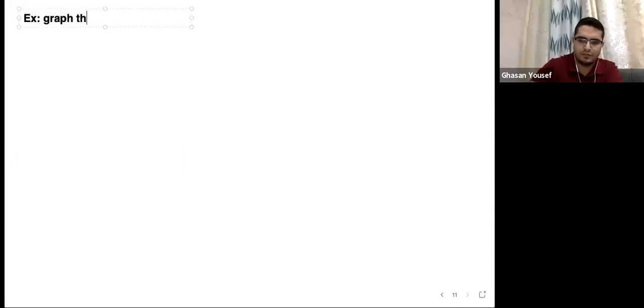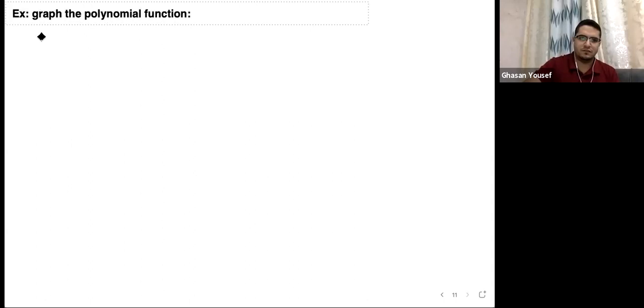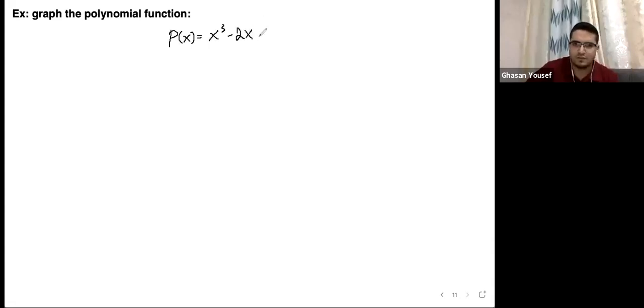Graph the polynomial function. So the polynomial function is b of x equals x cubed minus 2x to the power 2 minus 3x.